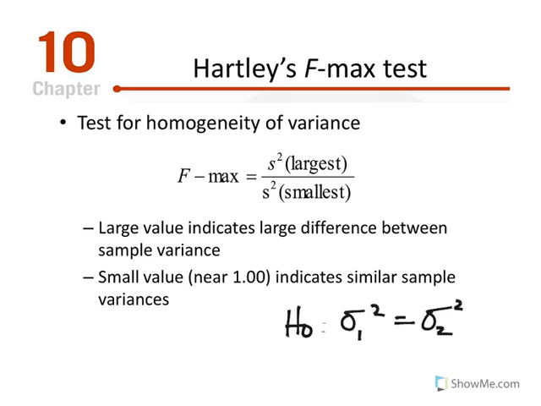Therefore, the sample variances should be very similar to one another. The procedure for using the F-max test is as follows. First, we're going to compute the sample variance for the separate samples. To compute sample variance, we need SS, for our first distribution SS1, over degrees of freedom 1.